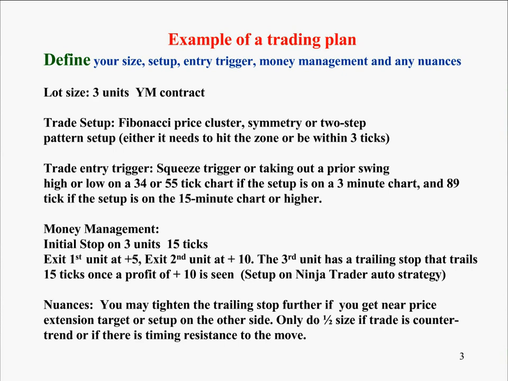And then as far as how you want to manage that, you can exit the first unit at +5, exit the second unit at +10, and the third unit has a trailing stop that once there's a +10, you have the auto trail. Okay, and that you can do on NinjaTrader and some of the other platforms. There's others like Strategy Runner, that type of thing.